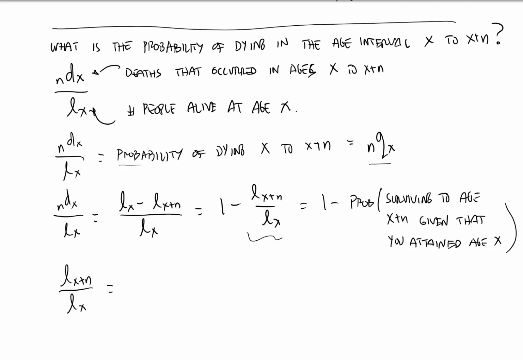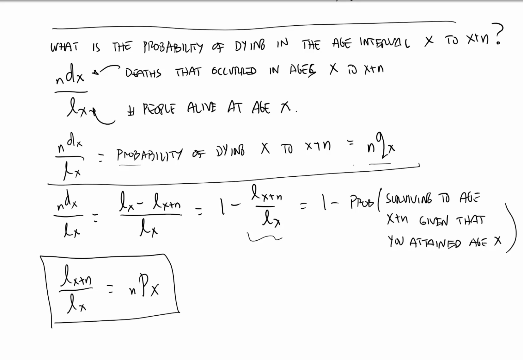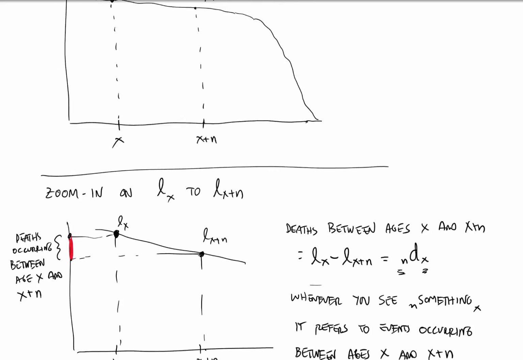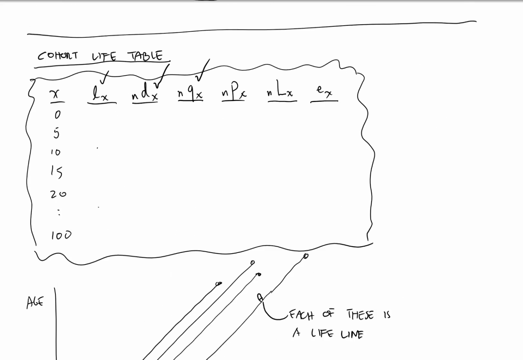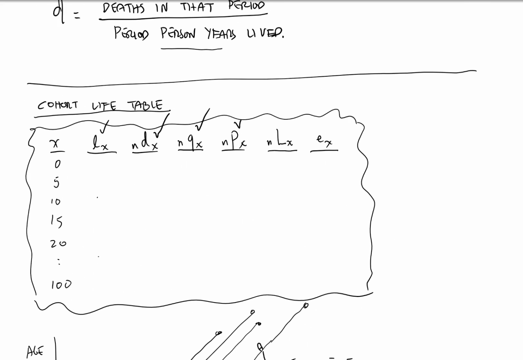The probability of surviving, we give that a symbol as n p x. n q x is the probability of dying, n p x is the probability of surviving. I'm going to draw a box around that. And that is the next column of our life table. Where is it? There it is. n p x is right there.